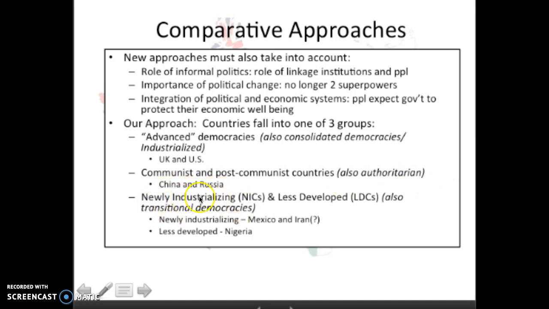And then we're going to be looking at newly industrializing countries and less developed countries, which tend to be transitional democracies like Mexico, Iran, and Nigeria. That's really the take on what we're going to do when we look at comparative government. So this is where it all begins.